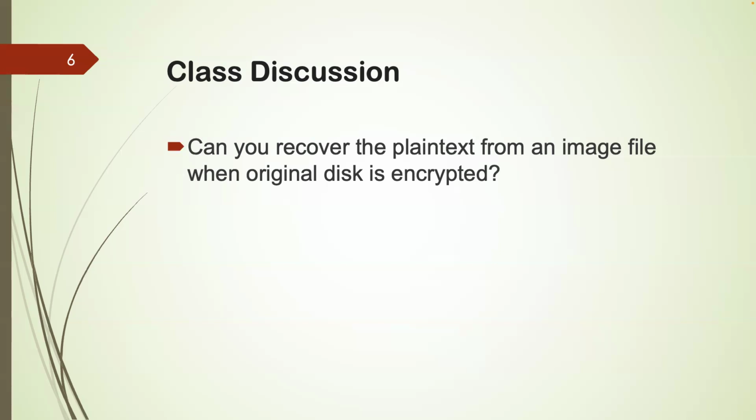All right. So whenever the file or the content is encrypted, even if you copy that content, it will still be encrypted, right? You will not be able to see the plain view. That is one of the drawbacks of static acquisition. If you do the static acquisition, you will have to decrypt these files on your own.